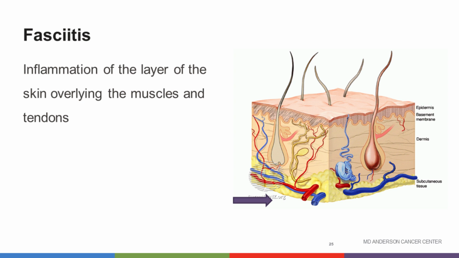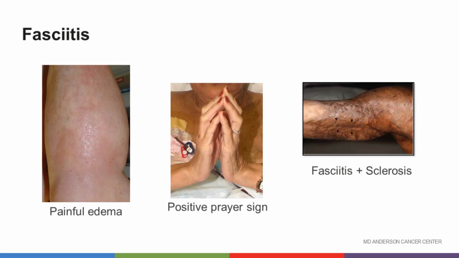Another type of graft-versus-host disease occurs even deeper, and here's my little cartoon diagram underneath the adipose layer, and it's called fasciitis. And that refers to inflammation of the layer of skin overlying the muscles and tendons. Well, what does fasciitis look like clinically?